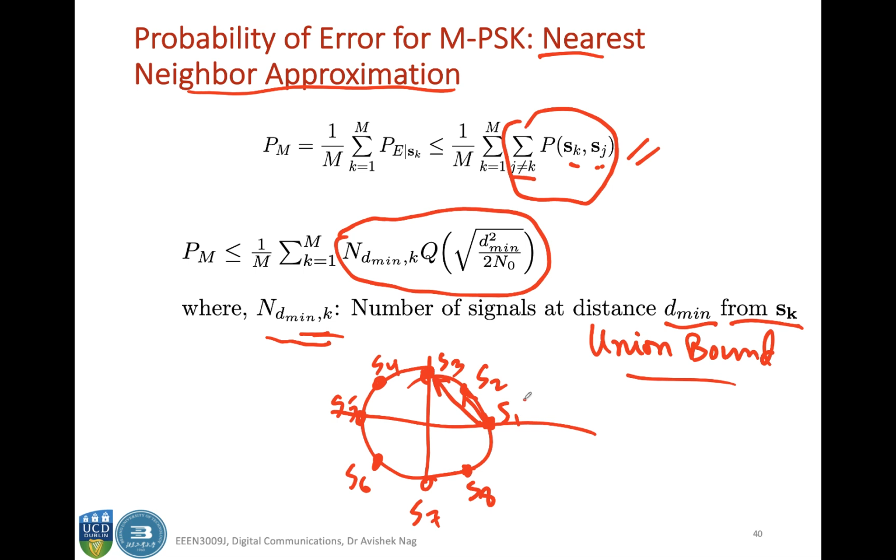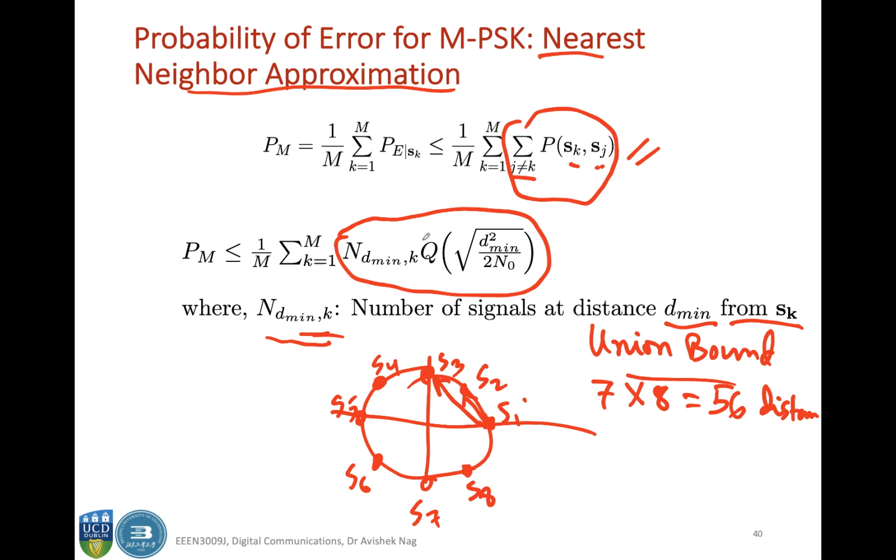For each signal you are calculating the 7 other pairwise distances, and then for 8 signals you are getting 56 distances. So that was union bound.